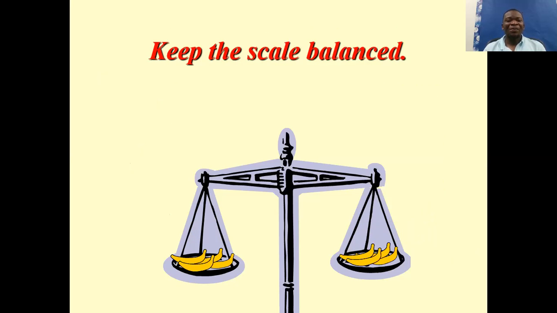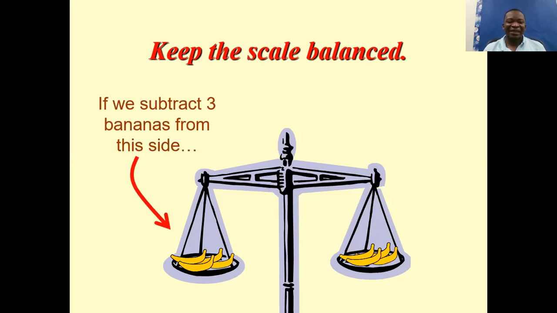We have 4 bananas on the left-hand side and 4 bananas on the right-hand side. If we subtract 3 bananas from this side, we also have to subtract 3 bananas from the right-hand side to make it balanced.